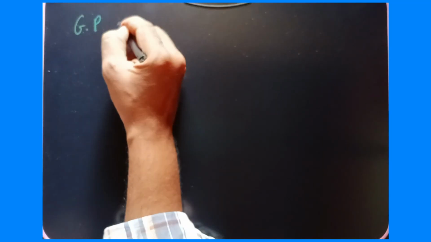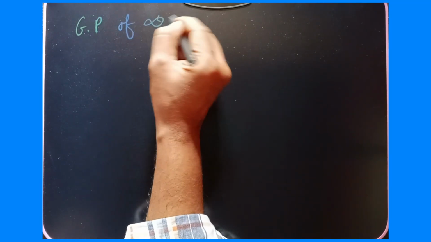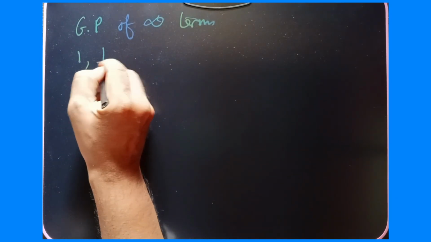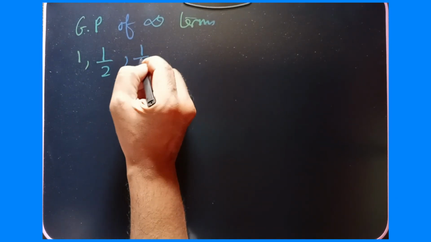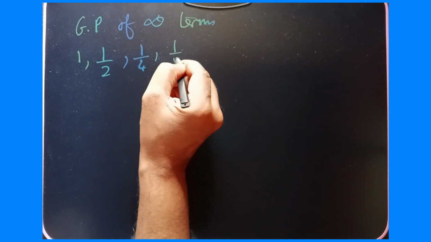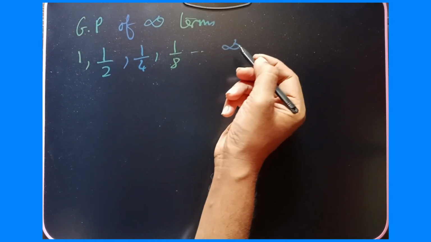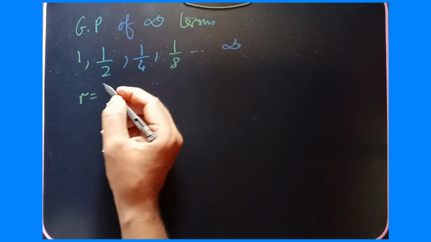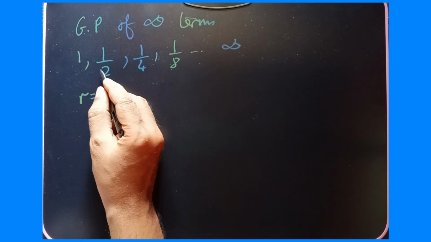Now let us consider a geometric progression of infinite terms. We have 1, 1 by 2, 1 by 4, 1 by 8, all the way till infinity. What is the common ratio? This divided by this.